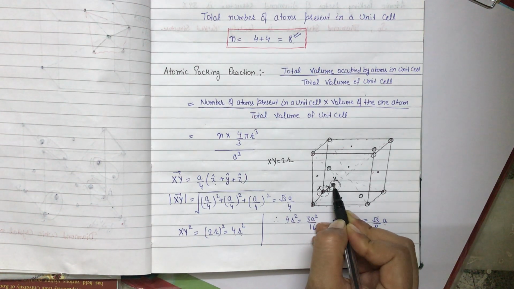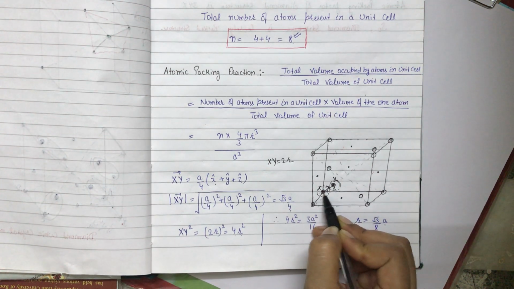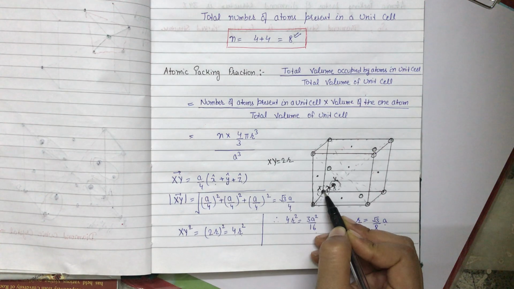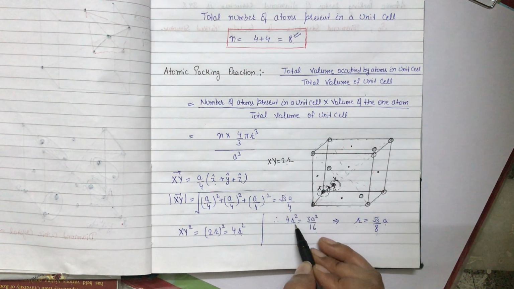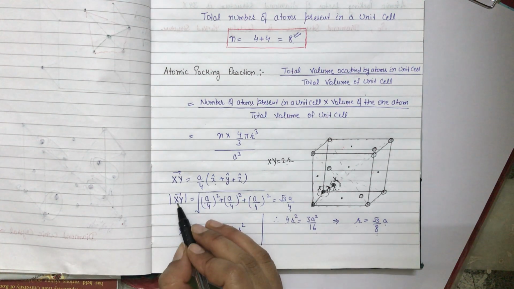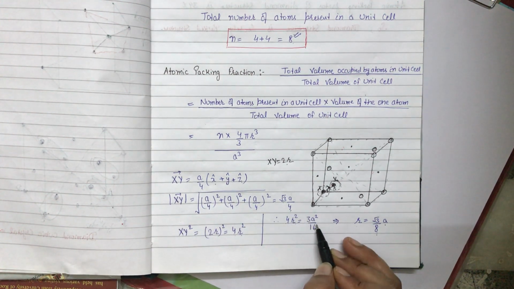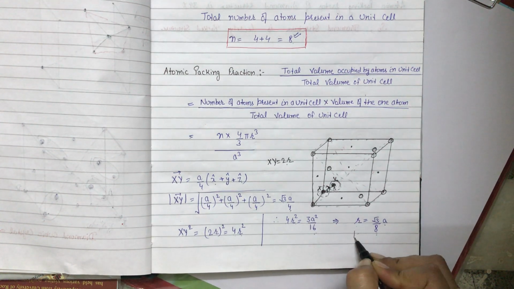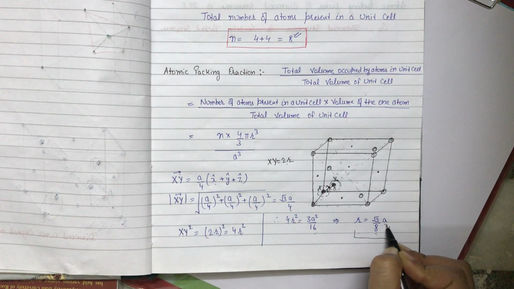From the center to this point is r, and from the center to this point is r. So XY is equal to 2r. So the square of XY is equal to 4r squared, which is the square of this magnitude which I have evaluated in terms of the lattice parameter, which is 3A squared over 16. So from this, r is equal to under root 3 by 8 times A, the lattice parameter.